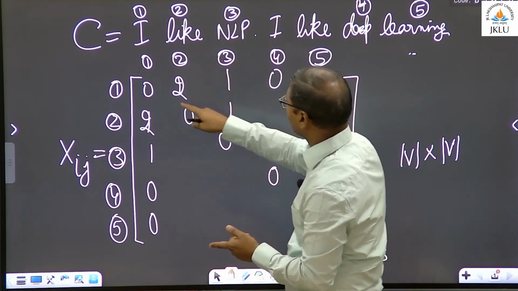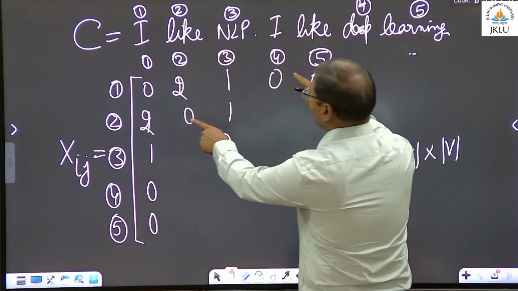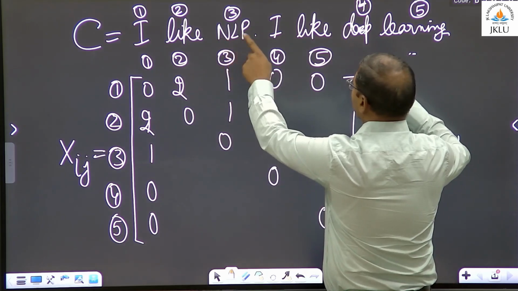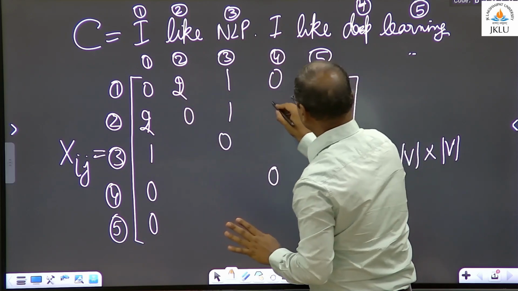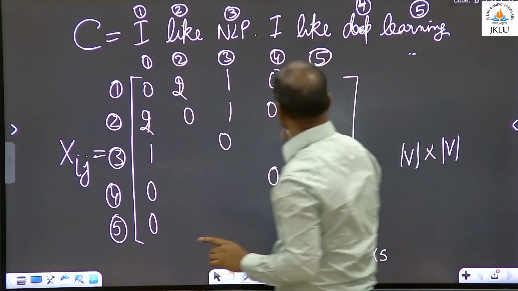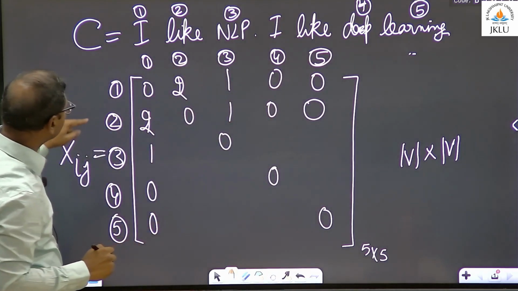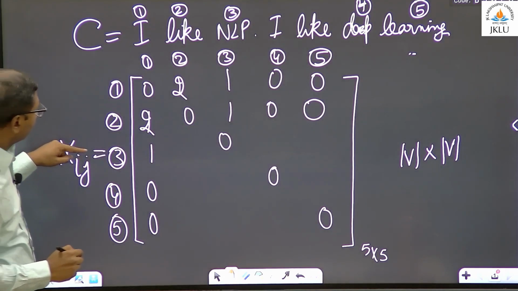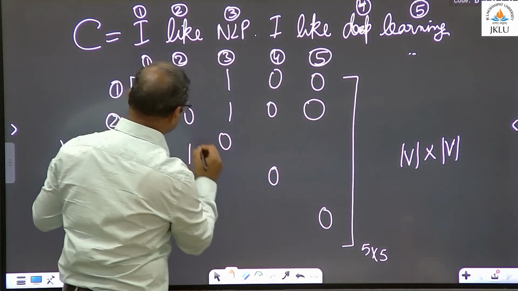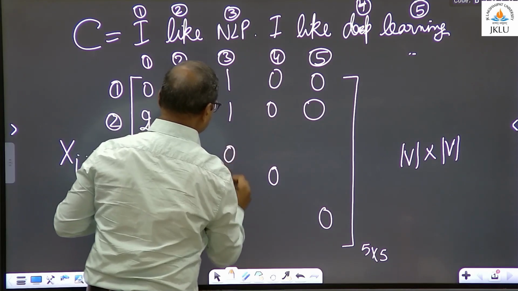So in the context of I we have done. For the time being 0, 0, because otherwise this will also change, right? Now third one, we go to NLP. NLP comes in the context of like. This guy remains 0.